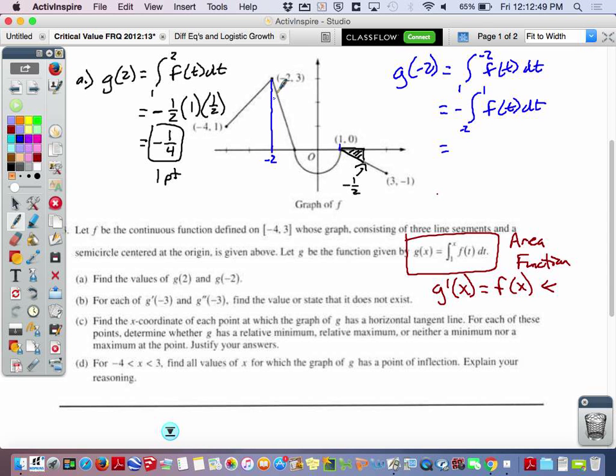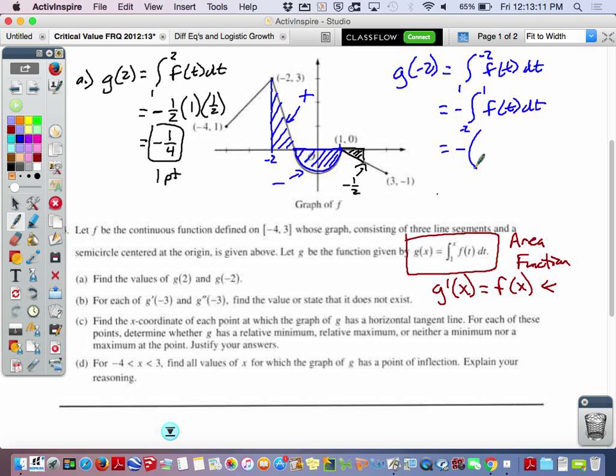So we're finding all of this area that I've shaded in blue. Now the triangle is going to be positive because it's above the x-axis, and the semicircle is going to be negative because it's below the x-axis. So I've got a negative in front of that entire area.